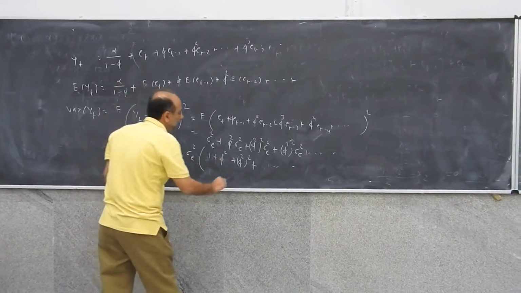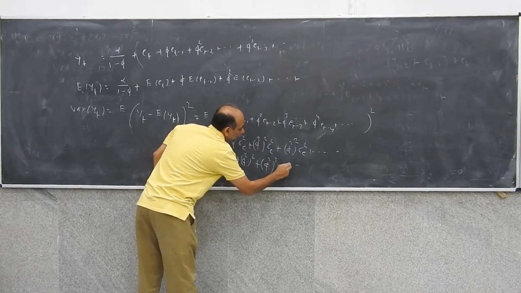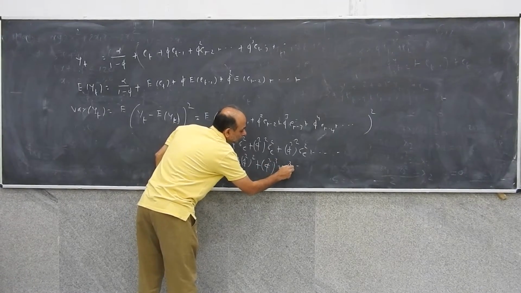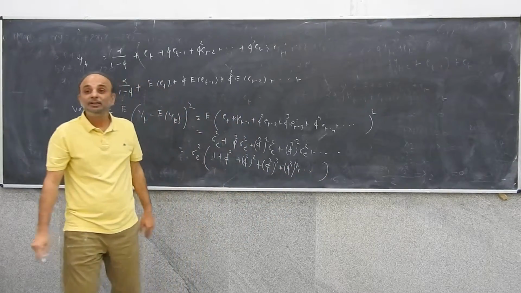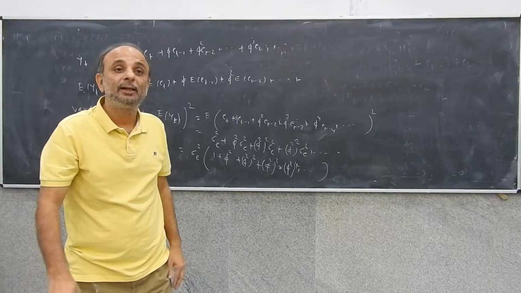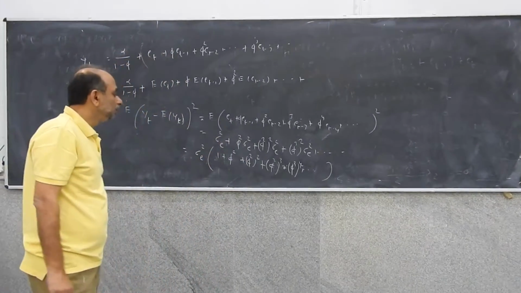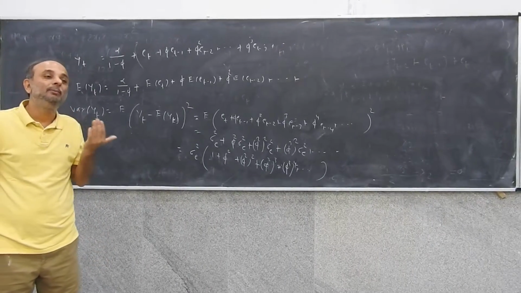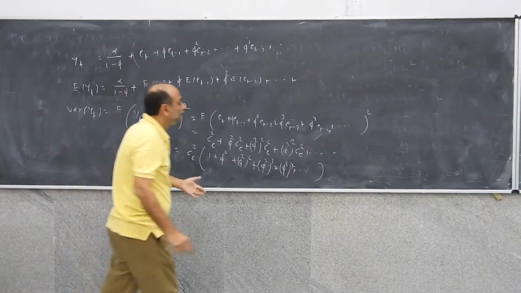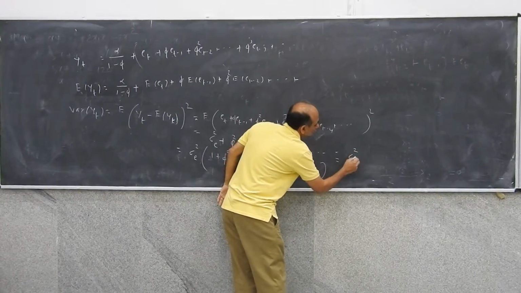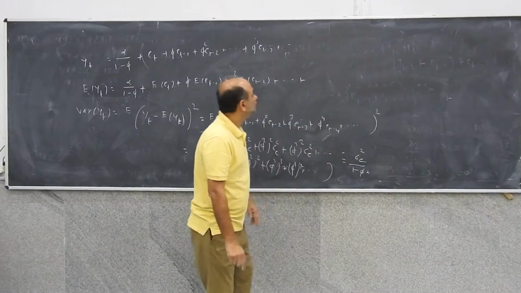So I can write this as phi square cube plus phi square raised to 4 and so on, which is a geometric series in phi square. So what will this converge to? 1 upon 1 minus phi square. So this is equal to sigma square e upon 1 minus phi square.